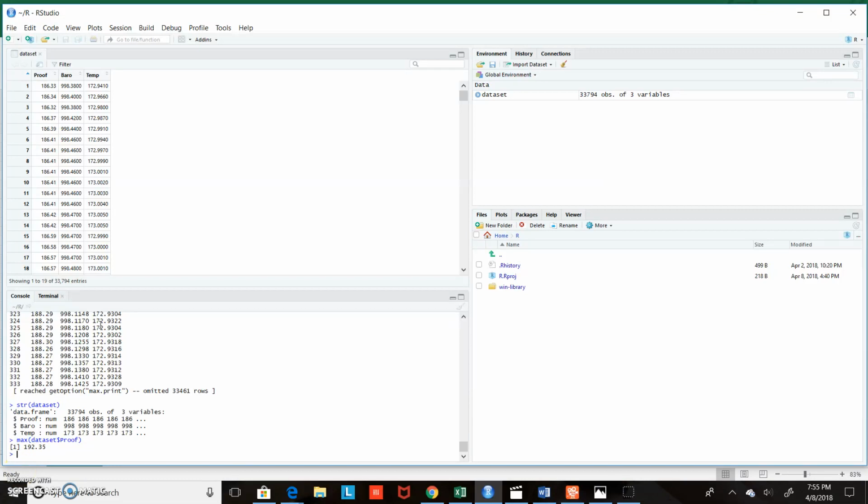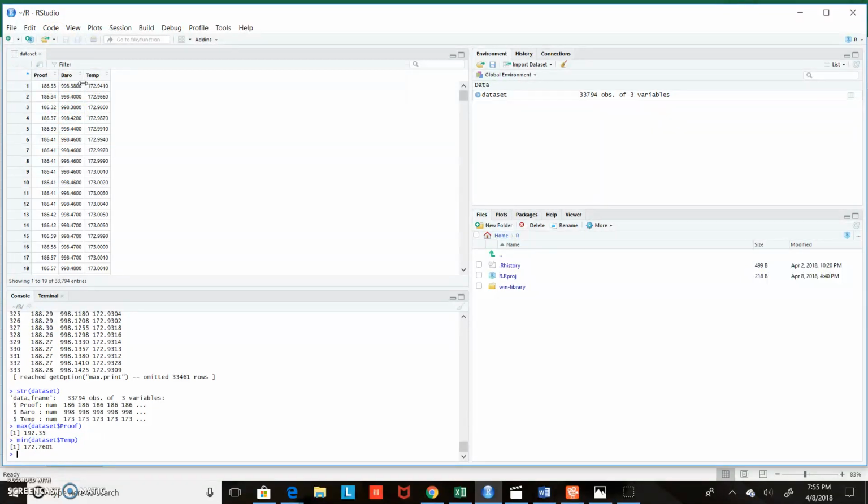The next variable I want to look at is the temperature. It would seem necessary to find the lowest temperature to get to our perfect evaporation rate. So we're going to use the min function on our temperature and see what we get. So we get 172.8 Fahrenheit.